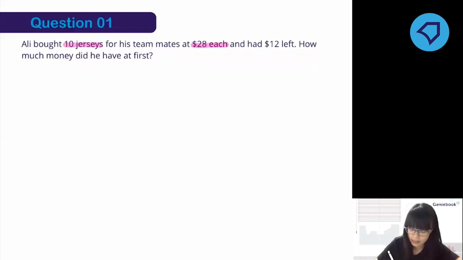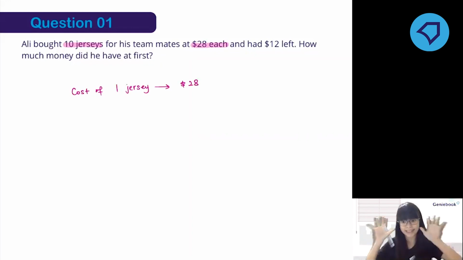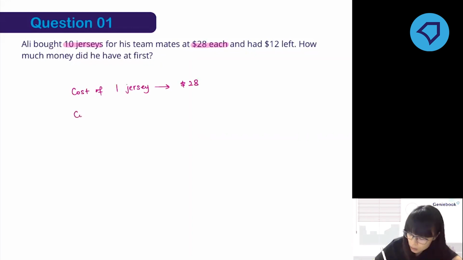Remember, 10 jerseys, $28 each. That means, if I were to write it out nicely for you guys, cost of 1 jersey is $28. But he did not buy 1. He bought 10, right? So cost of 10 jerseys would be 10 times 28.